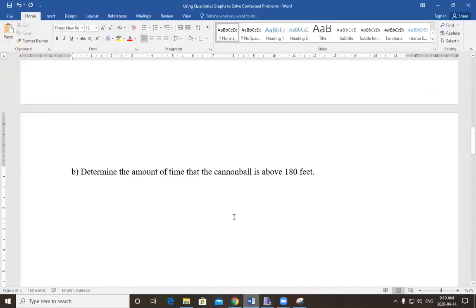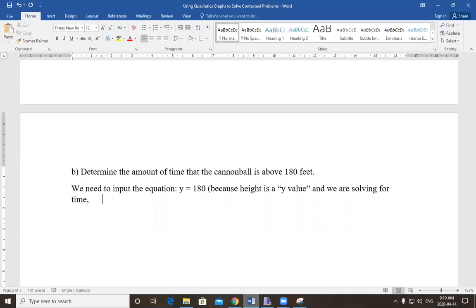So to solve this, we need to input the equation y equals 180. Okay, and we do this because height is a y value. And we are solving for time, which is an x value.